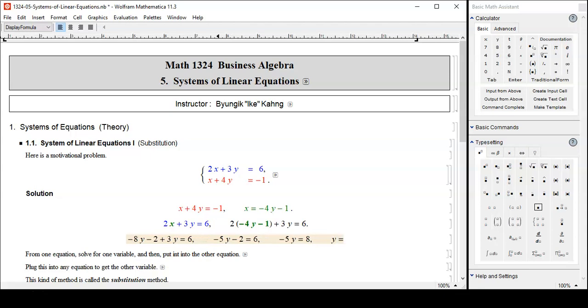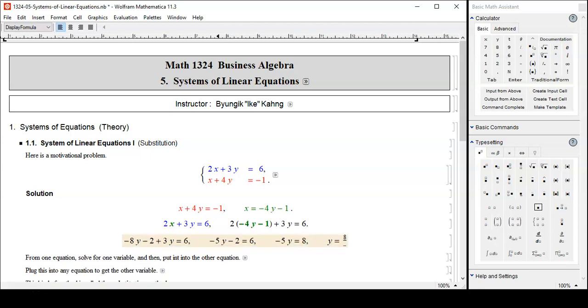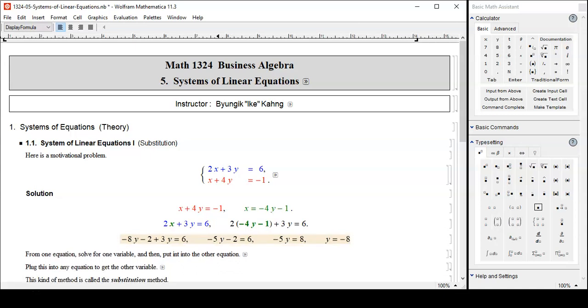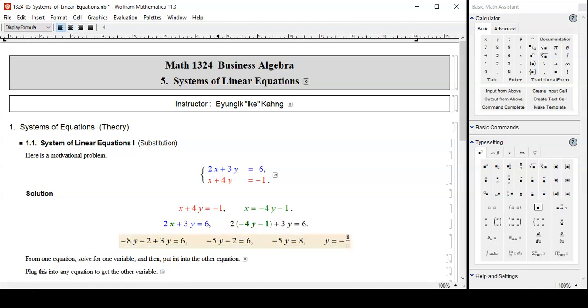Therefore, y equals 8 over negative 5, or negative 8/5. Sorry about the typo. While speaking and typing at the same time, it's often difficult.